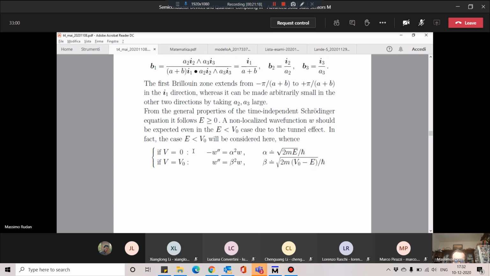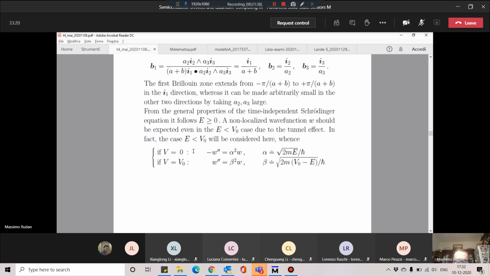So we have alpha squared times W, and alpha is a positive quantity that is proportional to the square root of energy. This is something that you should remember because we shall use this alpha later, okay?